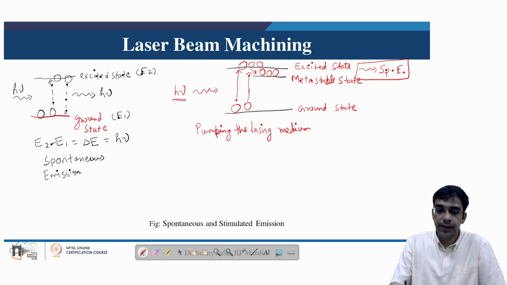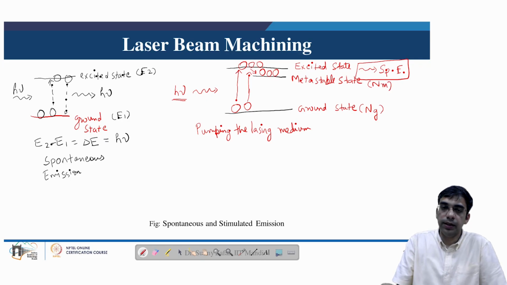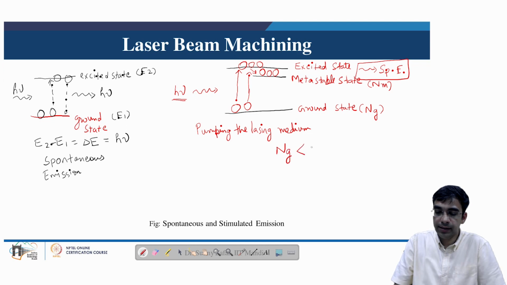Now in this process there will come a situation where the number of electrons in the ground state, say Ng, is less than the number of electrons in the metastable state. When this condition is achieved, we call it population inversion.